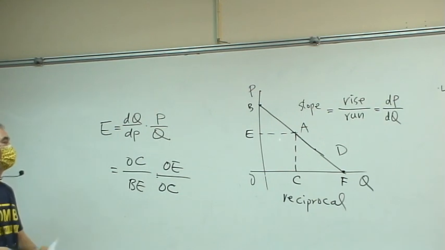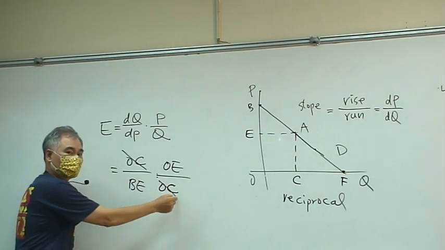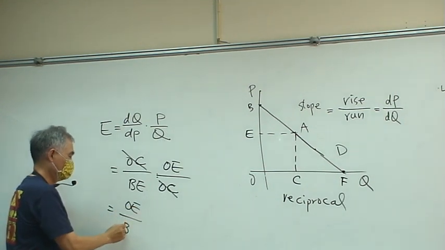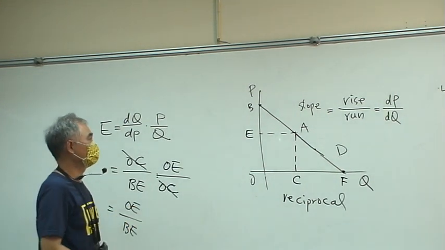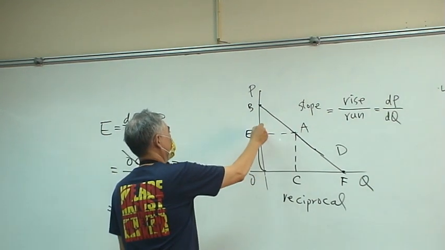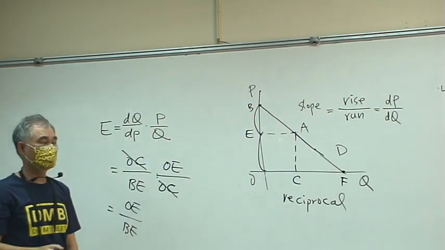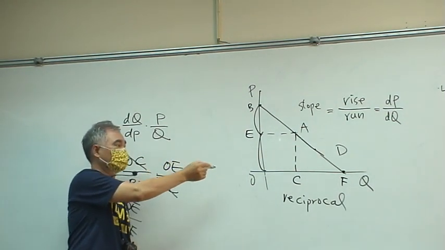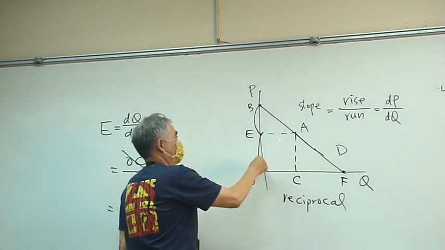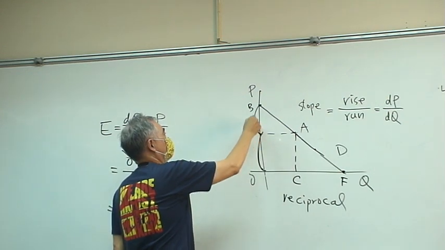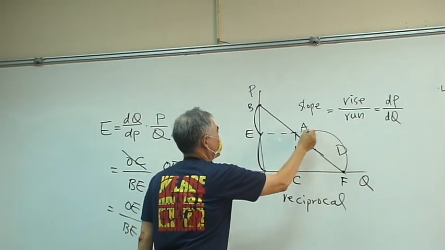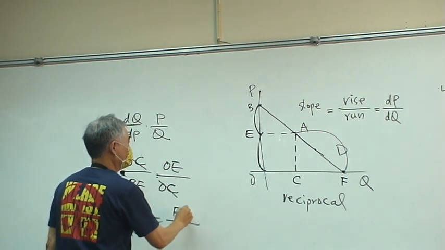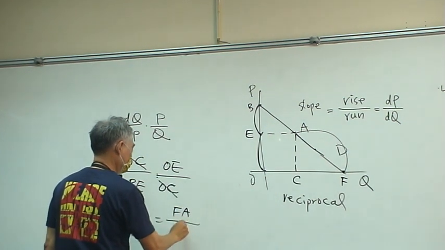So what happened? This one and this one cross out, right? So it is OE divided by BE. So where is OE? OE is here, right? Divided by BE. Okay? Because of analogous triangles, OE divided by BE is the same thing as FA divided by AB.